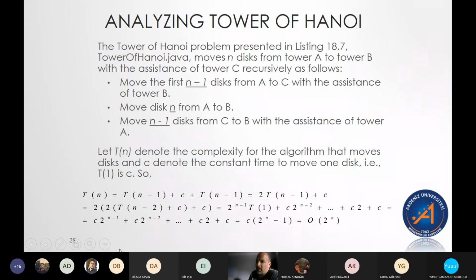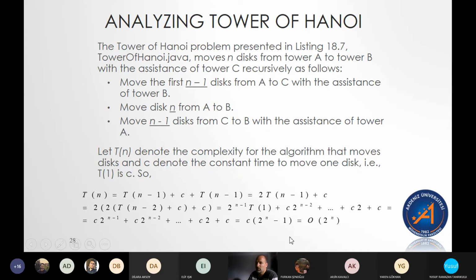If we expand that out to n-2, and so forth, we will end up with some constant value times 2 to the n minus 1, which is what I was talking about. We did that through how many moves it took, and through a chart value.